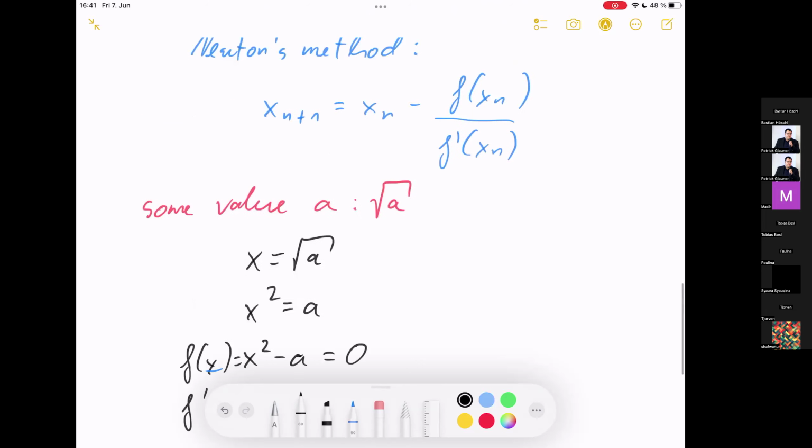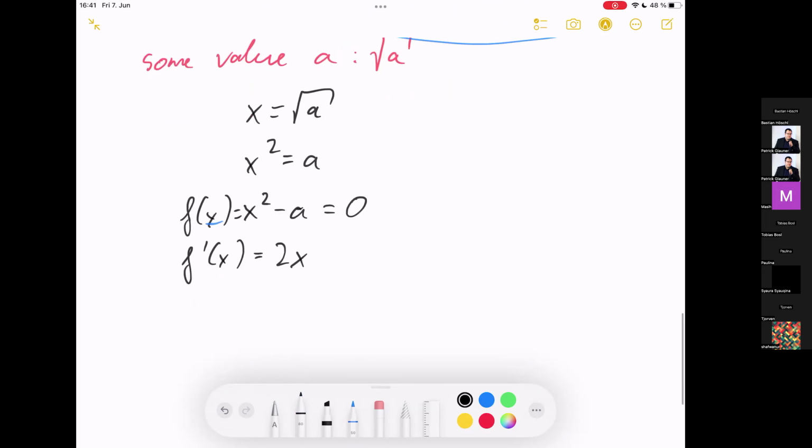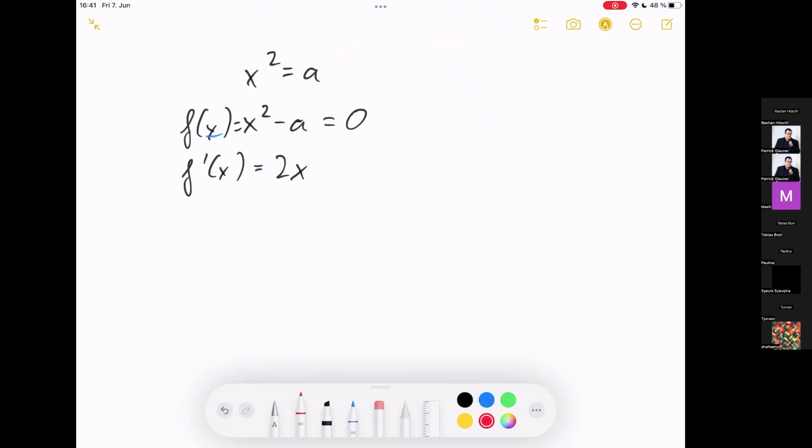So we will always need this equation here, or this calculation, and say I want the square root of, say, from the slides, I have my example, the square root of 612. And I have no idea what the square root is, but I could say my guess x0 is 10.